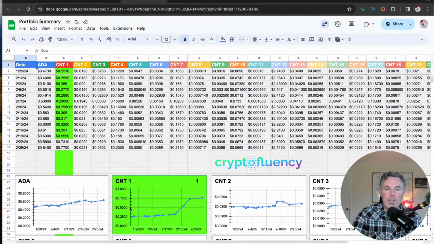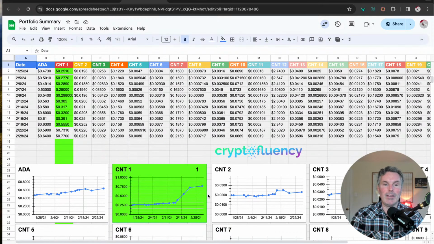What we do when a token goes off the chart is we color code it, put a little 1 here, and then readjust the chart such that we double that again. And as you can see, AGIX is knocking on the door to come off the chart again. That is why I'm tracking this, because I do think that some of these will go off the chart several times.